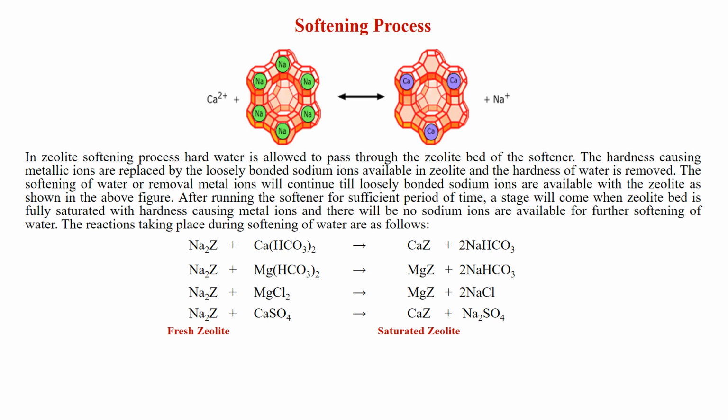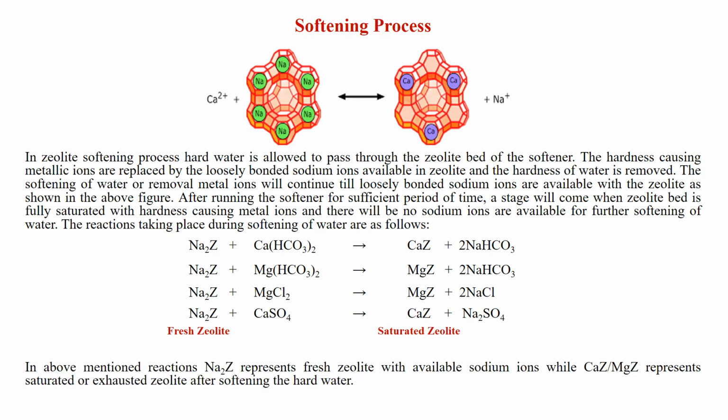While by softening the water, the soft water contains the sodium salts as sodium bicarbonate, sodium chloride or sodium sulfate. So in the above mentioned reactions, Na2Z represents the fresh zeolite, while CaZ and MgZ represent the saturated or exhausted zeolite after softening the hard water.